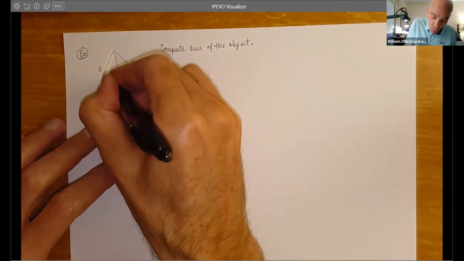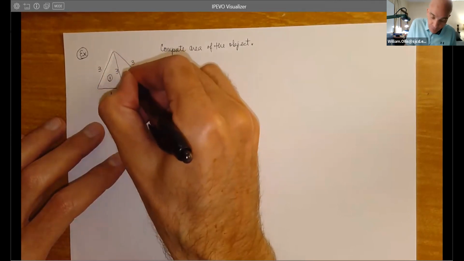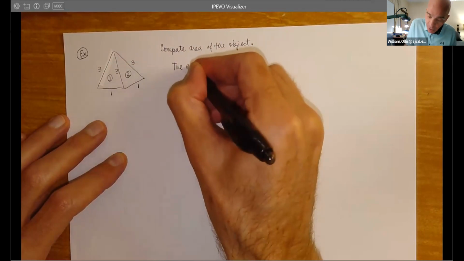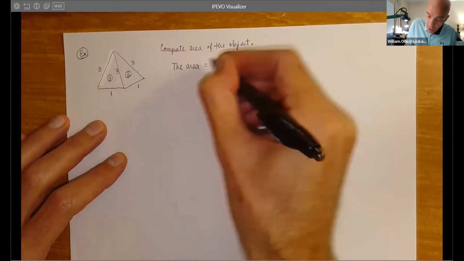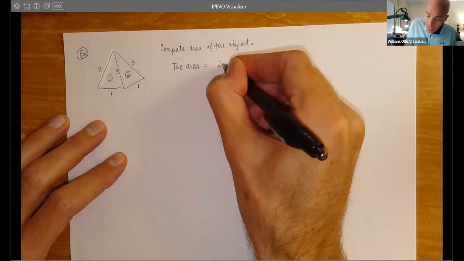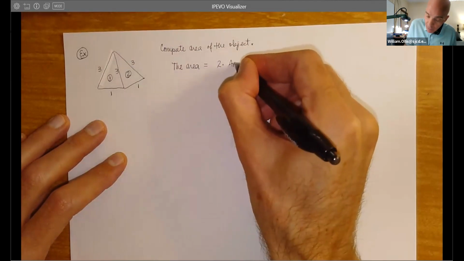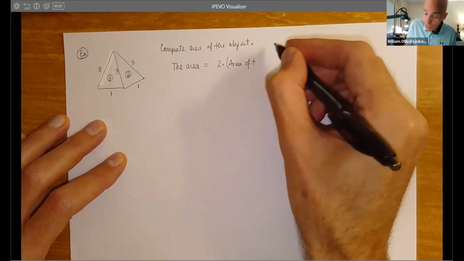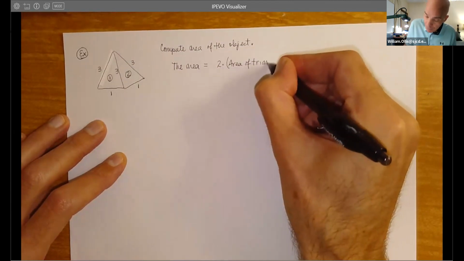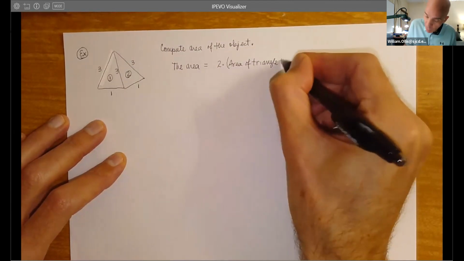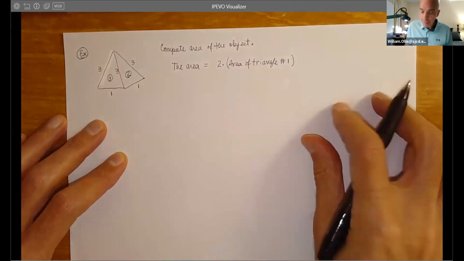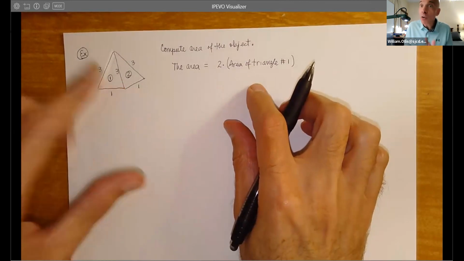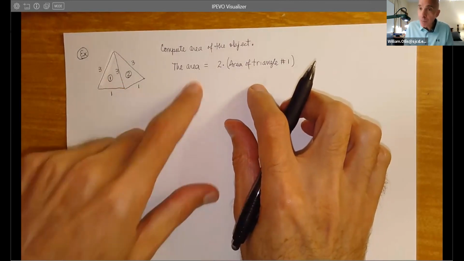So let's just call this 1 and 2, and we'll say the area equals 2 times the area of, pick a triangle, just say triangle 1. Triangle number 1. Okay, so since these again are congruent, so to speak, they have the same area.